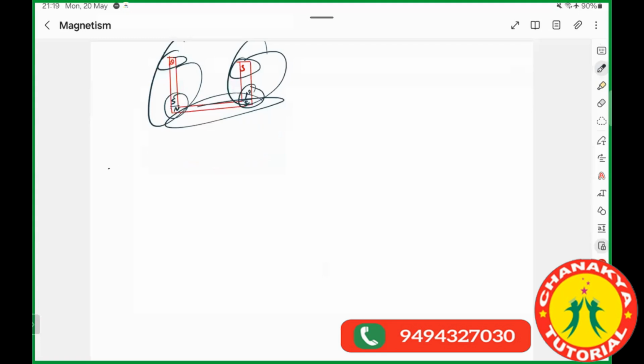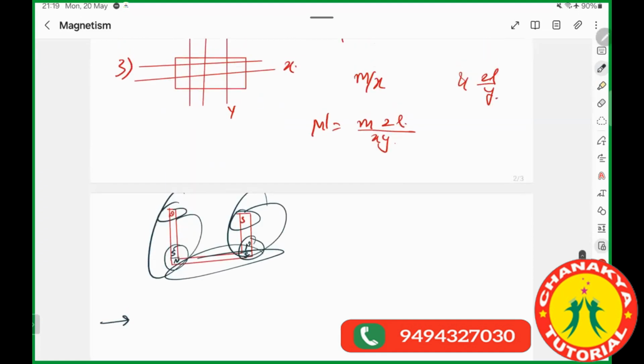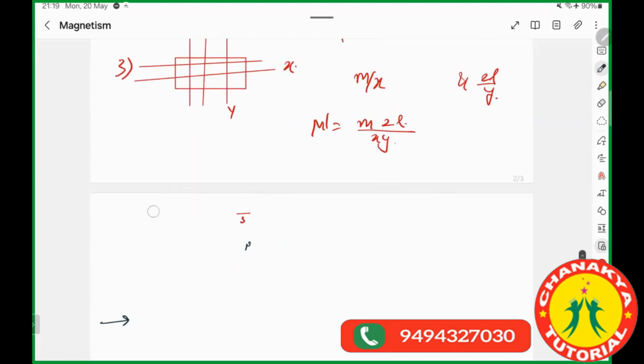So if we add some characteristics like this, they always form closed curves. Out of all this, let's conclude a few points.